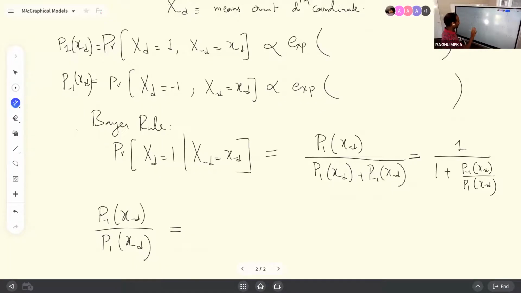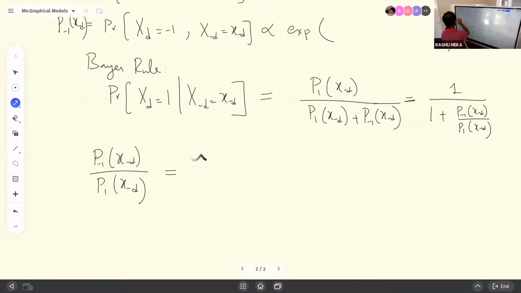Okay? So it's just going to be the exponential of the summation over i comma j. I need to write it properly, so let's see. These are, let's say, in d minus 1, I get x_i x_j, right?